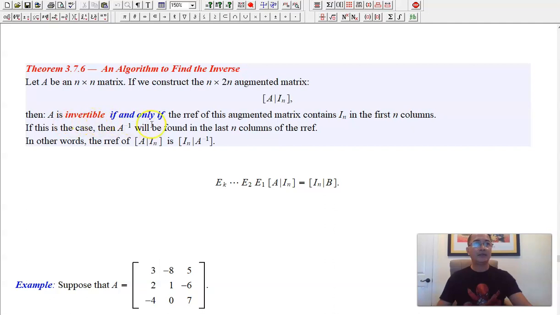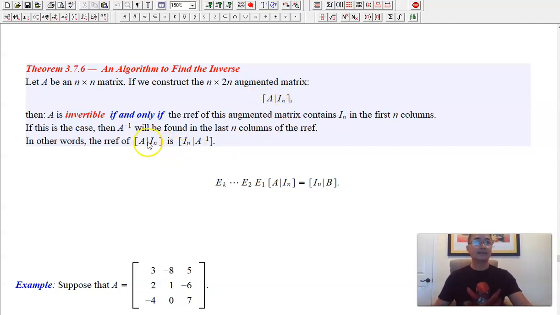Then A is invertible if and only if the REF of this augmented matrix contains the identity in the first n columns. So we said that a minute ago. Because A is on the left side, to be invertible, the REF has to be the identity. So therefore, in this augmented matrix, we will see the identity in the first n columns, the left side of this double wide augmented matrix.